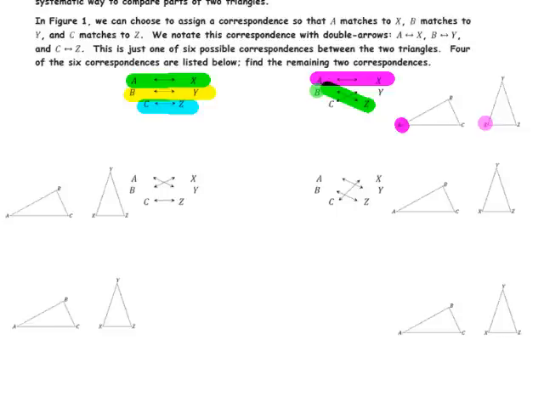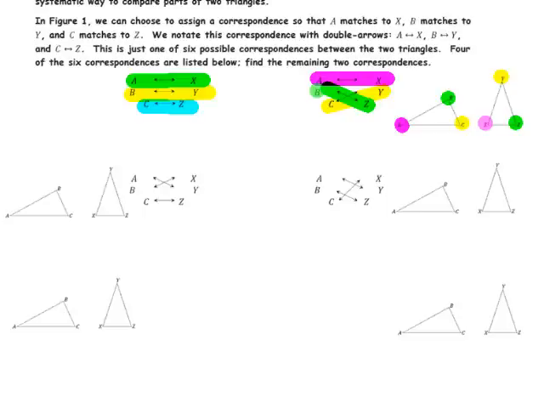Angle B corresponds to angle Z. Here is angle B and here is angle Z. So they are not in the same relative location on the triangle. Then the third one, we have angle C paired with angle Y. Here is angle C and here is angle Y. So that is a different setup than the first one, a different correspondence.